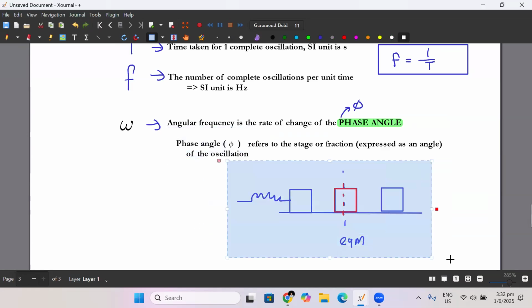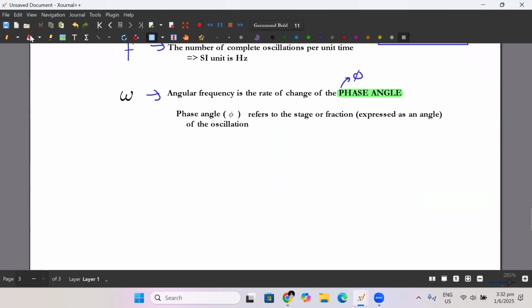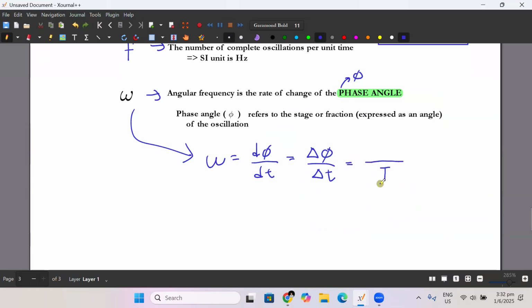Let me remove this. Now we can do it this way. Omega is just d phi dt, which is also delta phi over delta t. This here is the difference in the phase angle. So we can consider it this way: in one full period, I go through the entire phase of 2 pi. So this is the formula.